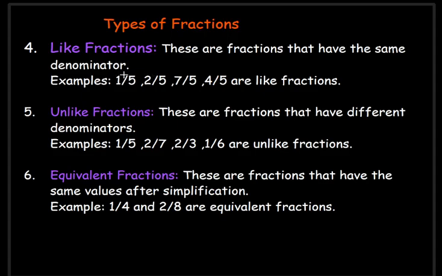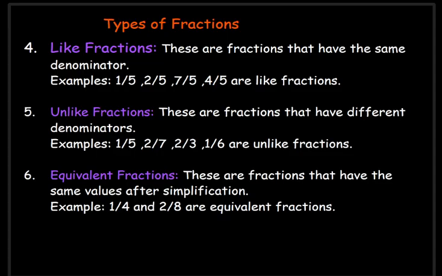All these fractions have the same denominator, which is 5. And then unlike fractions, these are fractions that have different denominators. This is 1 over 5, 2 over 7, 2 over 3, 1 over 6. You see that all the fractions don't have anything in common when it comes to the denominator.